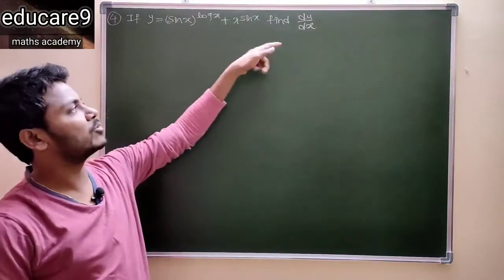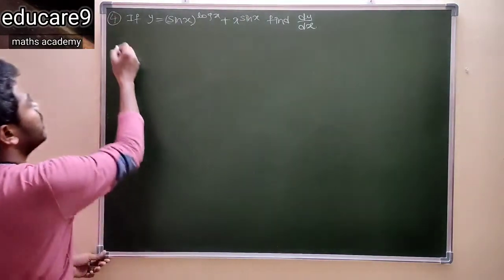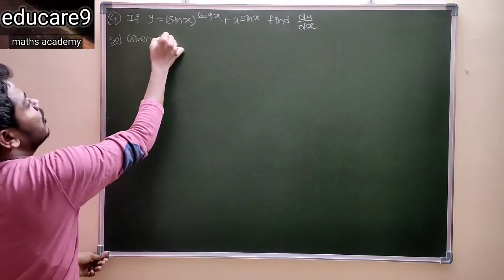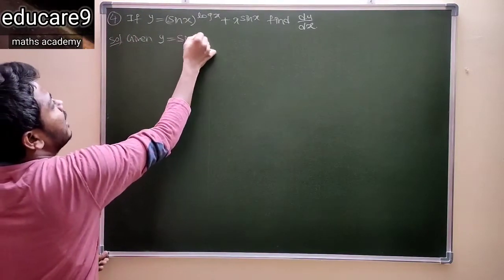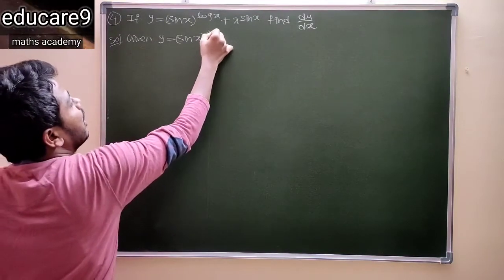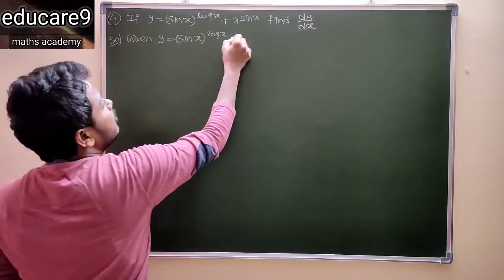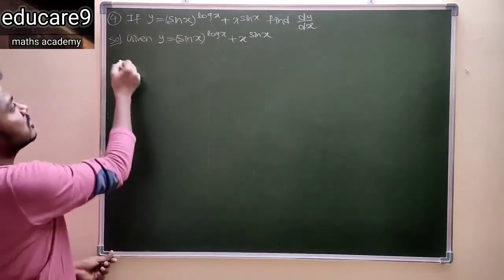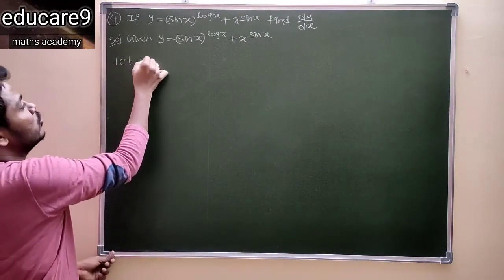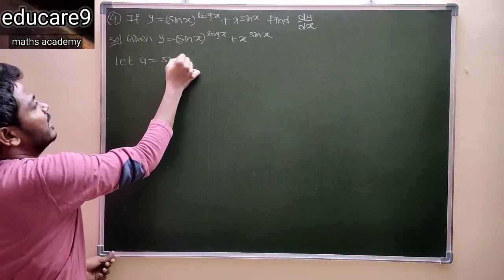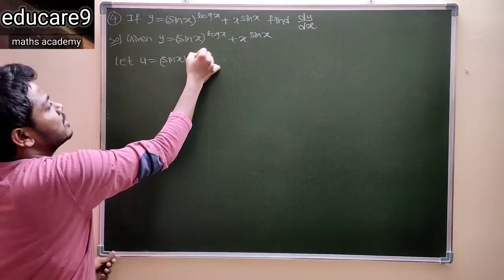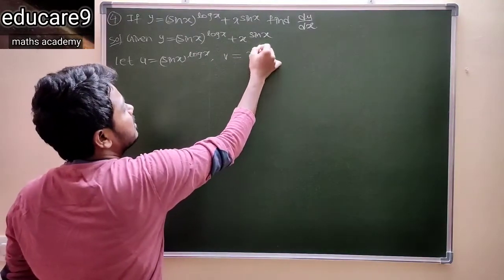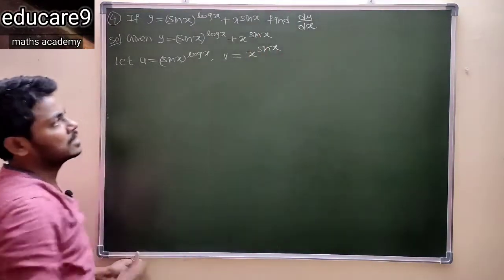If y is given, then find dy by dx. See our solution. Given y is equal to sin x power log x plus x power sin x. So let us consider u is equal to sin x power log x and v is equal to x power sin x.